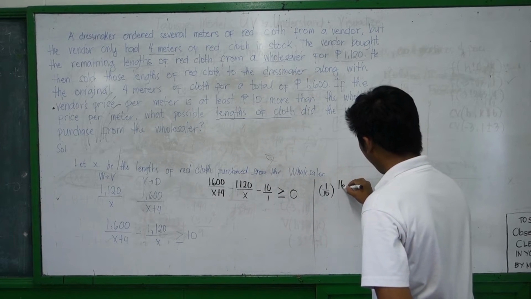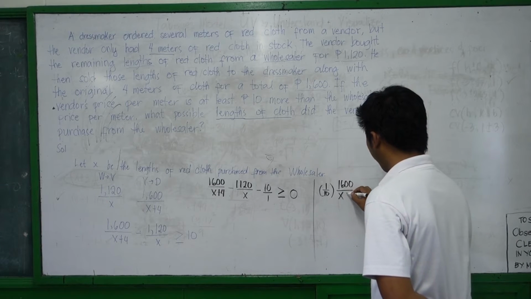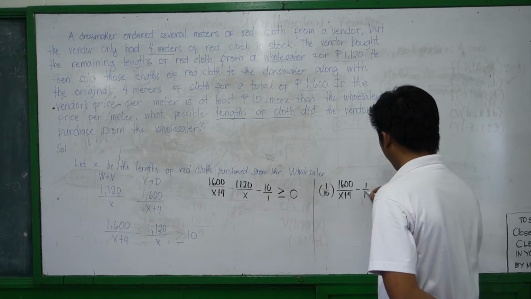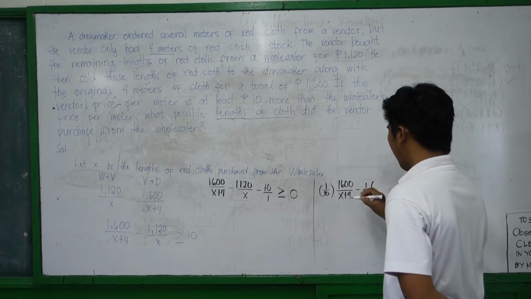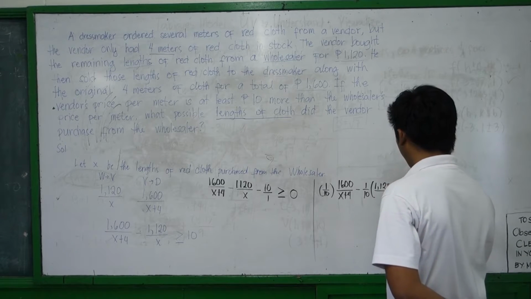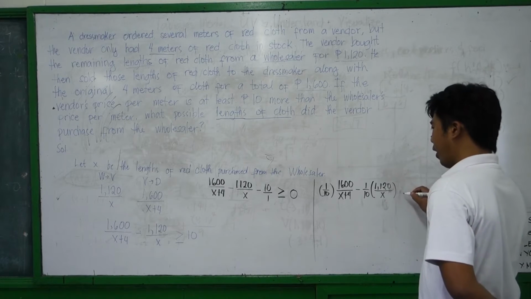So, this is 1,600 over x plus 4. Okay, so next, minus 1 over 10, 1,120 over x.